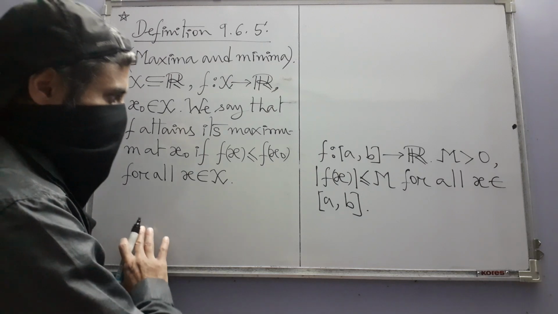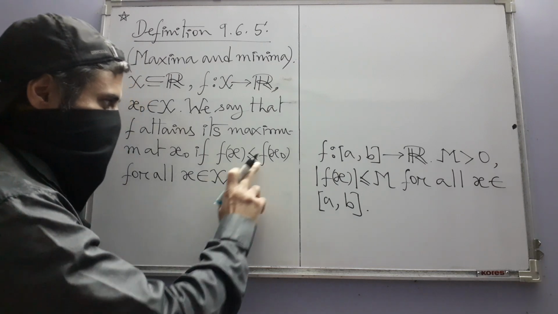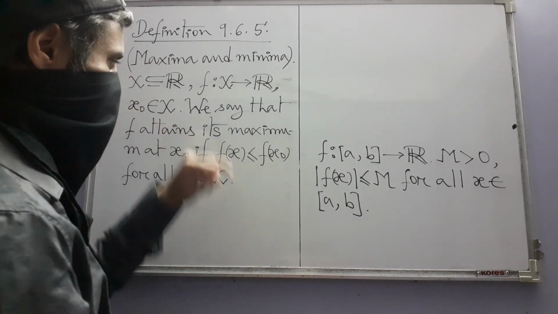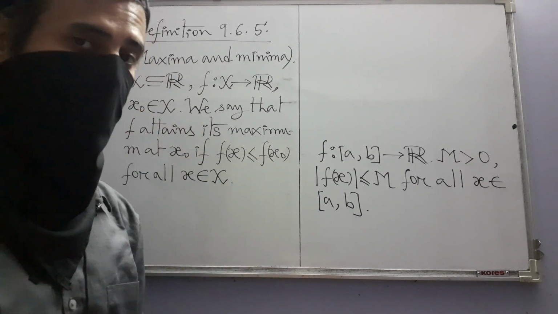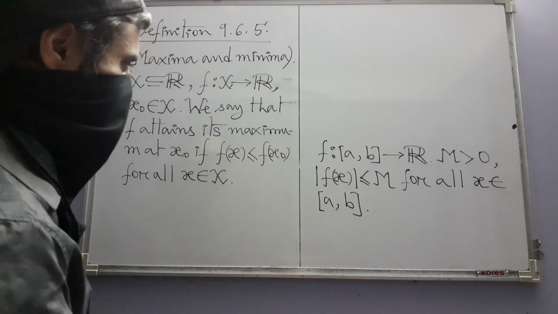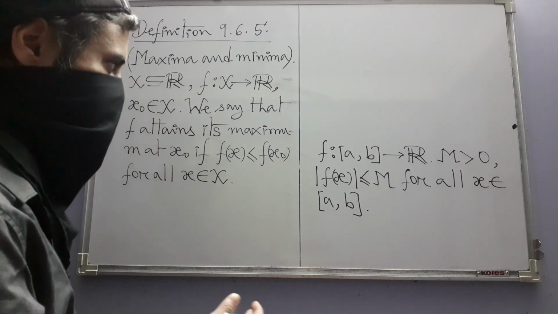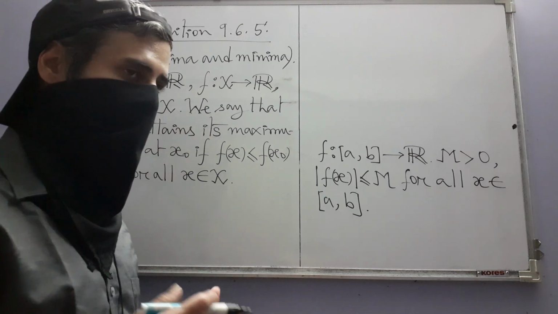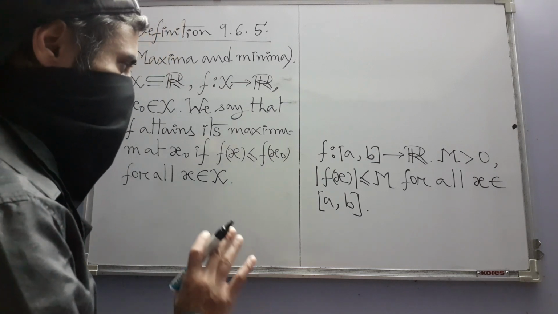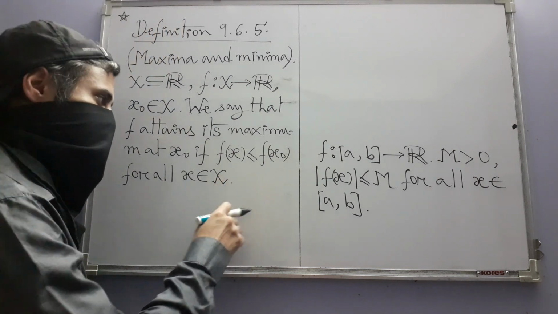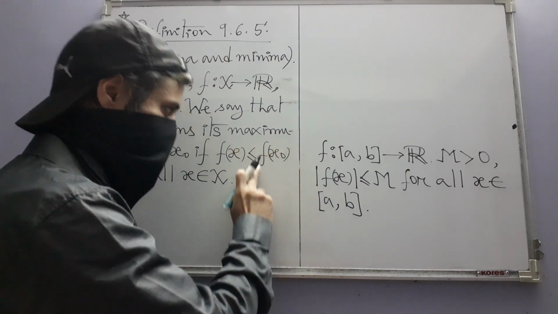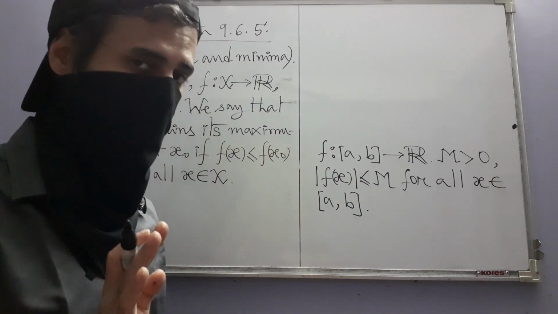Note one thing carefully, that this fact may actually be true for not just one x naught but multiple x naught. We may get confused a little bit at this point because we know that the maximum whenever it exists is unique. That's why we say the maximum, not a maximum. But you will see that yes, the maximum is unique and the maximum is f of x naught, not x naught itself.